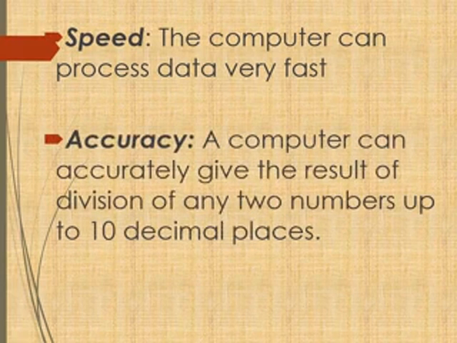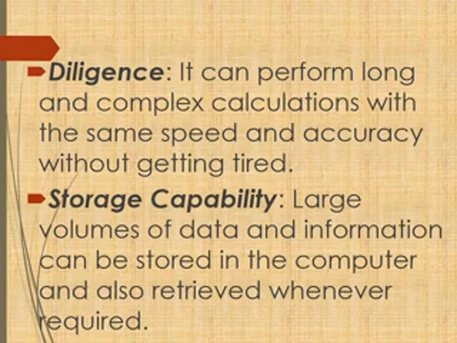Accuracy is a computer can accurately give the result of division of any two numbers up to 10 decimal places, unlike a human being. Diligence means it can perform long and complex calculations with the same speed and accuracy without getting tired.